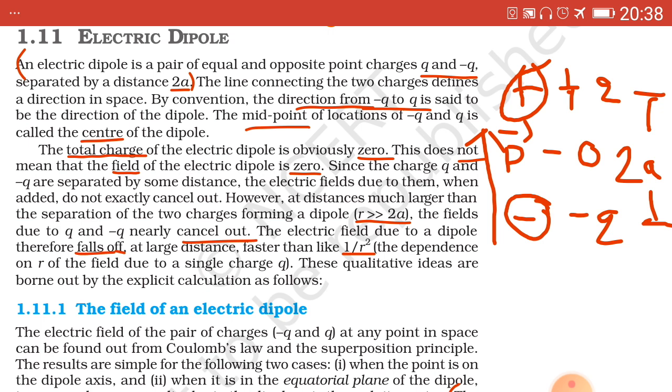In the figure, O is the midpoint of the dipole and 2a is the distance between the 2 point charges plus q and minus q. That is a distance towards plus q and a distance towards minus q from point O.